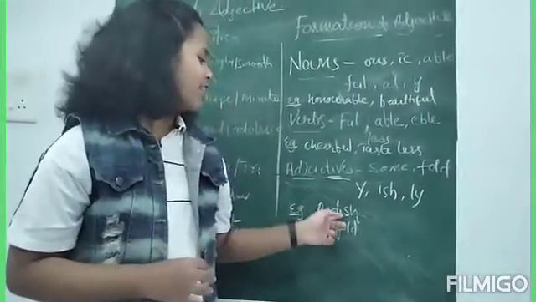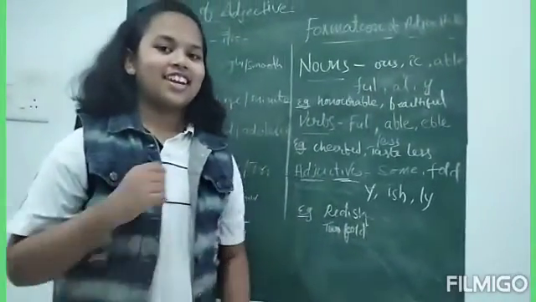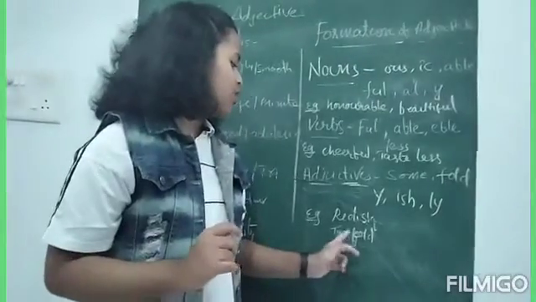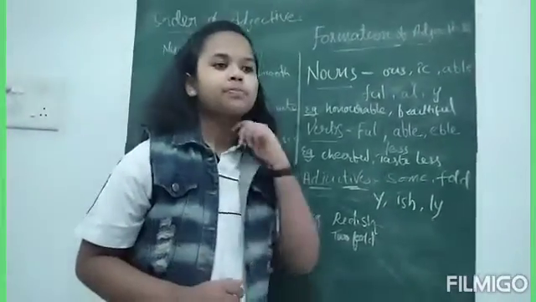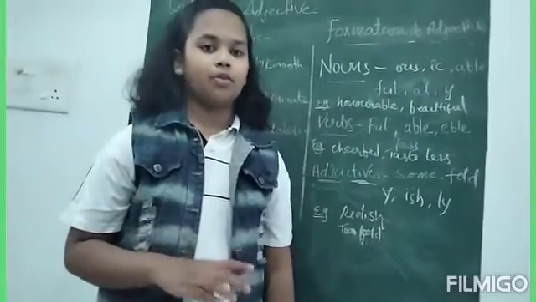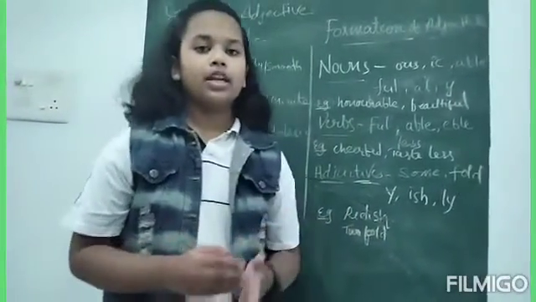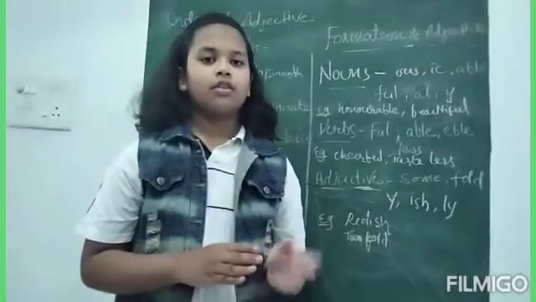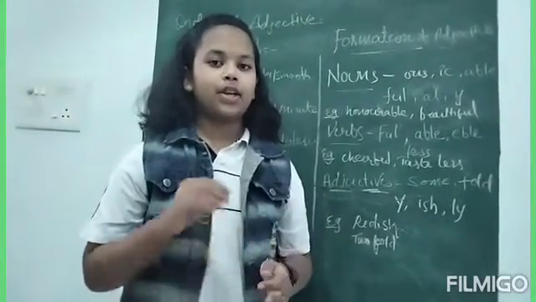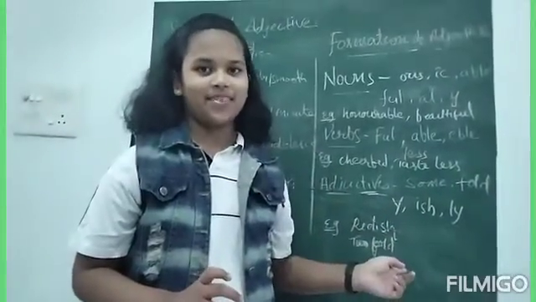Like here is a reddish frog. Reddish is describing the frog, that it's very red. And twofold. She has a paper which is twofold. Twofold is a number adjective, and it means the paper is folded into two halves, which means two-folded paper.